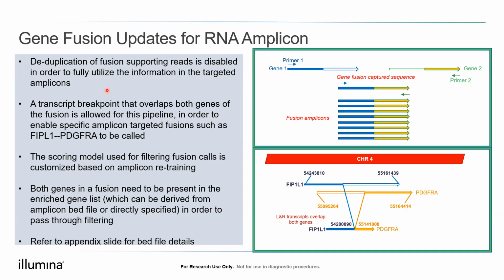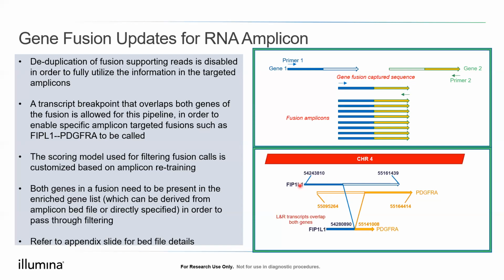Just a little bit of the background on what the pipeline is capable of doing. On the right, we have an example in a more pictorial format, where you have two genes. The two genes are captured together, and then they are amplified, so you have amplicons across those two genes.